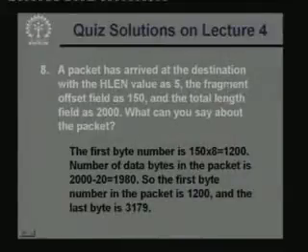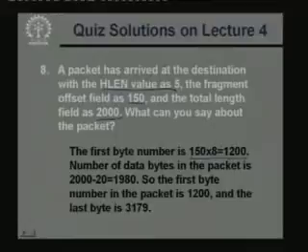Now, a packet has arrived at the destination with the header length as 5, fragment offset 150 and the total length field as 2000, then what can you say? Well, since the fragment offset is 150, we can say that the first byte number is 150 into 8, 1200. The header length is 5 means 20 bytes of header. The total length is 2000. So, we can say 1980 data bytes are there.